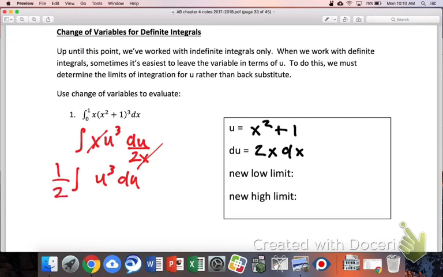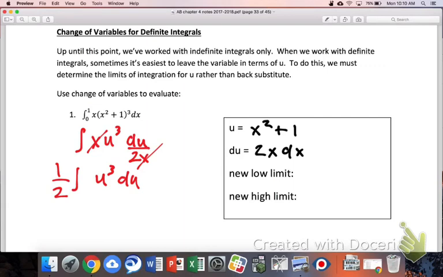So it's at this point I'm finally going to deal with those limits. So I've got a low limit of x equals 0 and a high limit of x equals 1. Does anybody have any ideas about how I could transform those x's for the 0 and the 1 into u's to get my new low limit and my new high limit? Any ideas? Yeah.